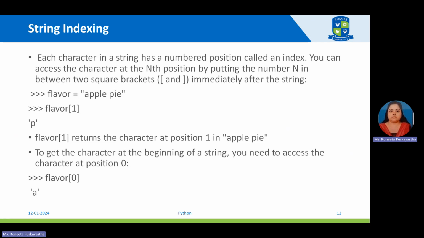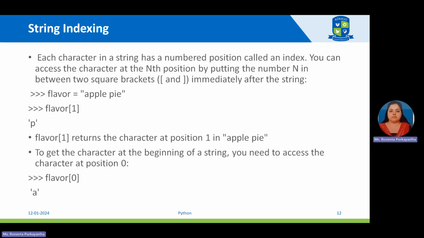It starts with 0. So if A is 0, then P is 1. The first P is 1. That means the character at the 1st index is P. So by using the index concept, we are trying to access the individual character out of the string.